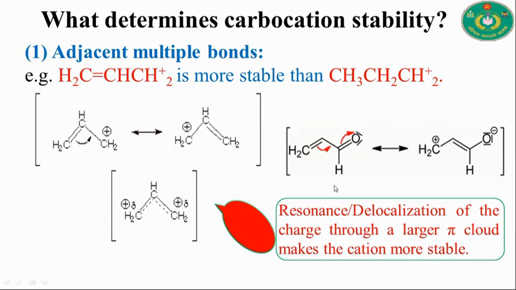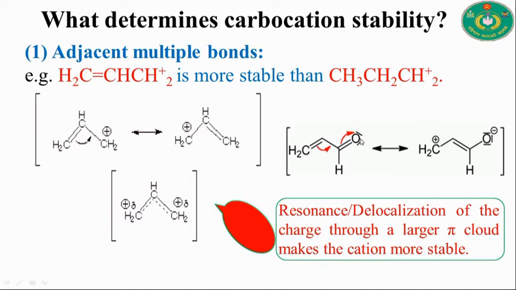In this way, this ion contains resonance, because here the electronegativity of oxygen is more than the carbon atom, so the pi electron will move towards the oxygen atom.